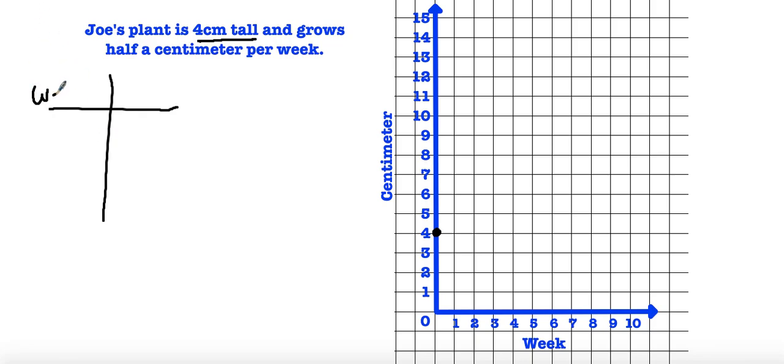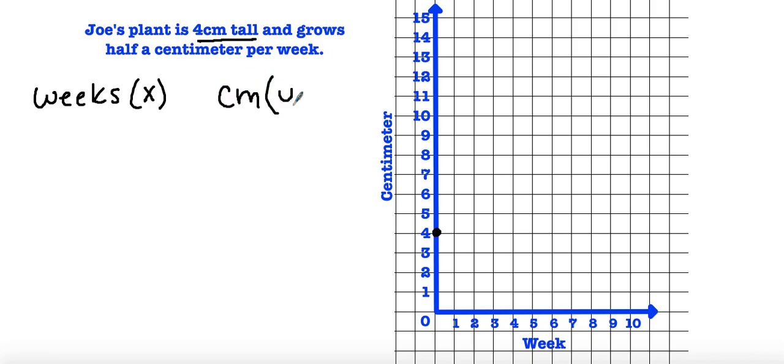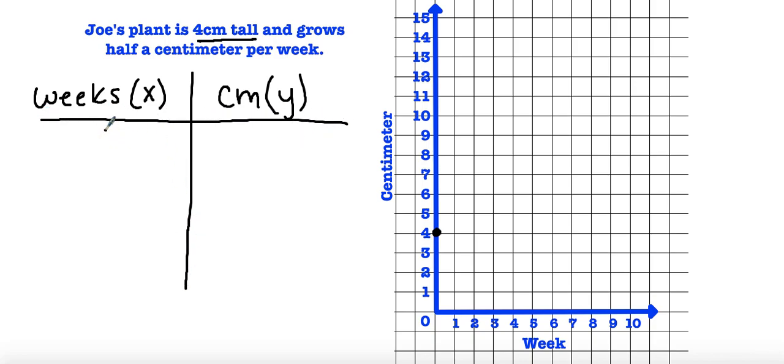So weeks, which is our x value, and centimeters, which is our y value. So the plant is already 4 centimeters, so before any time passes, it's 4 centimeters.